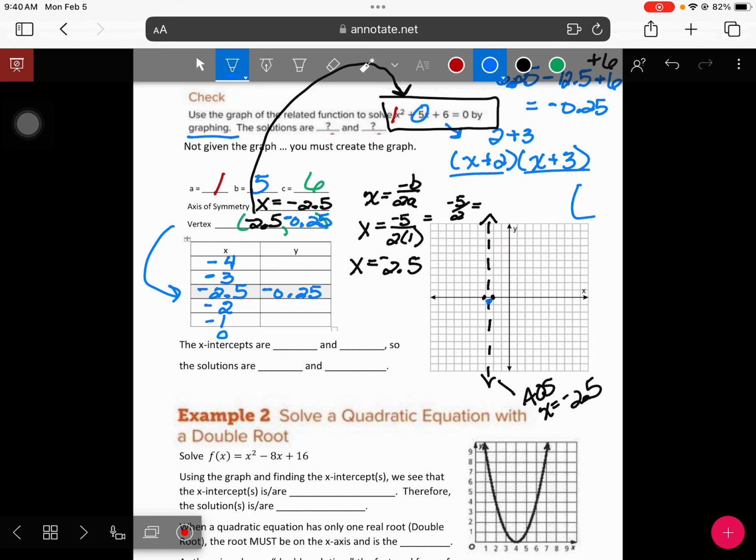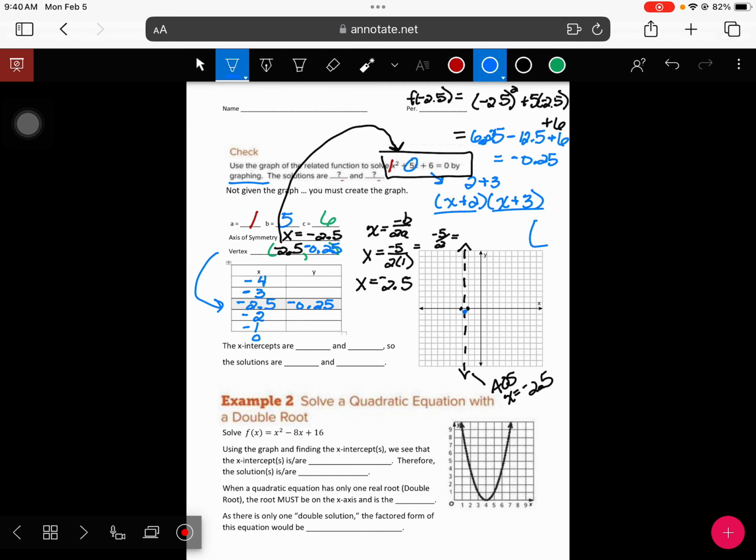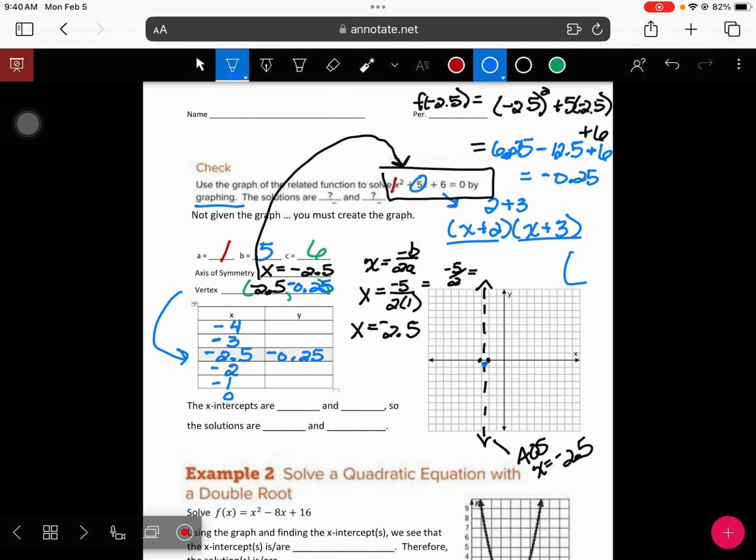All right, so let's do negative 2 squared. So the function of negative 2 is going to be negative 2 squared plus 5 times negative 2 plus 6. Negative 2 squared is how much?